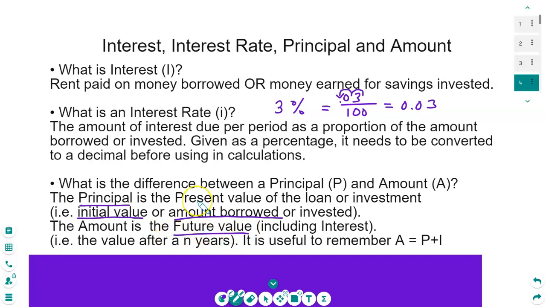So it's what your loan or investment amounts to after a number of years. Okay. And it includes interest. So again, this is a useful formula. Amount equals principal plus interest. And you can also rearrange that formula to find the interest as well, just by bringing that P over to the other side.